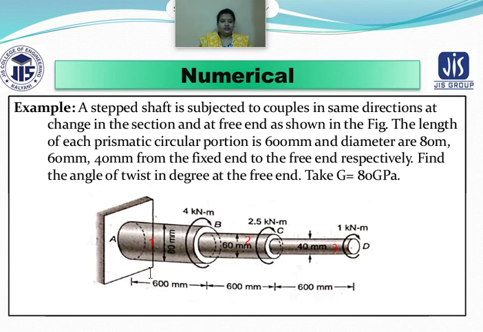Here you can see the first shaft has a diameter of 80 millimeter, the second has 60 millimeter and the third has 40 millimeter. The torques given are 1 kilonewton meter, 2.5 kilonewton meter and 4 kilonewton meter.